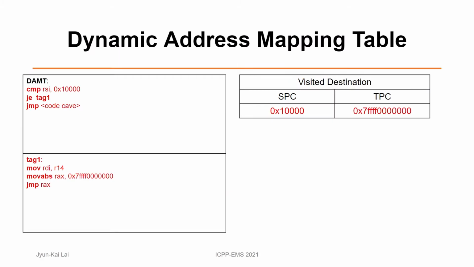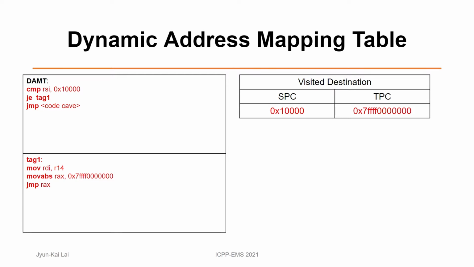Here is the structure of the dynamic address matching table. We divide the memory block into two separate sections. The first section contains only SPC and the other one contains only TPC. If there's an SPC entry in the first section, there must be a corresponding TPC entry in the second section.